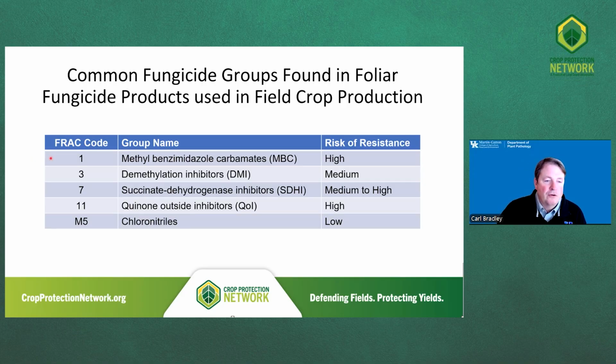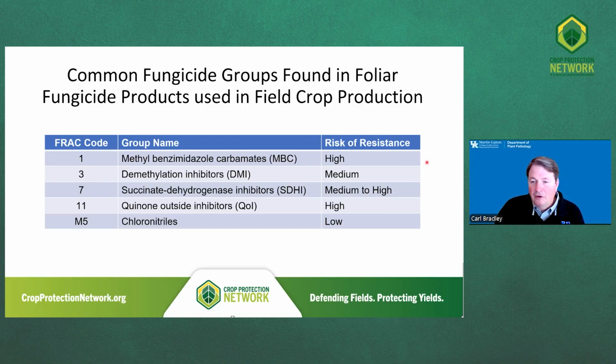So we've got FRAC code 1, which are the methyl benzimidazole carbamates, FRAC group 3, which are the demethylation inhibitors, 7, which is the succinate dehydrogenase inhibitors or SDHIs, 11, which is the QoIs or quinone outside inhibitors. And then this is one that we don't see used very often in the crops I work with, at least, but it is labeled. This is the chloronitriles, which includes chlorothalonil. So you can see they all have different FRAC codes.